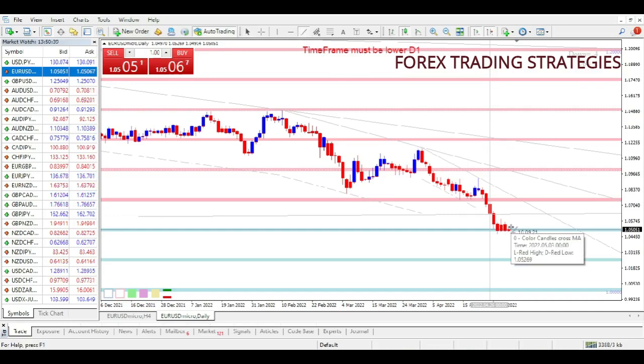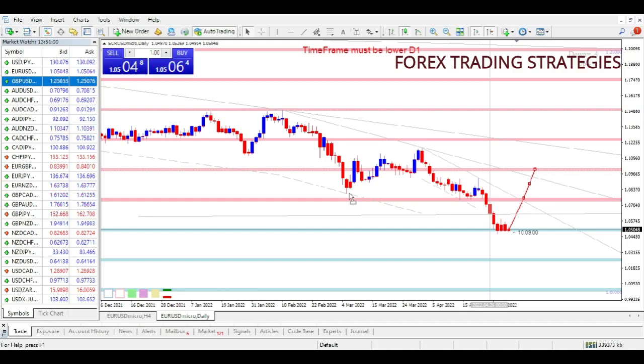Probably the bears would give up, and the bulls will take this thing this way, and potentially this way, or whatever happens. Sometimes you might come that way and it comes this way, but that's the situation on Euro USD.